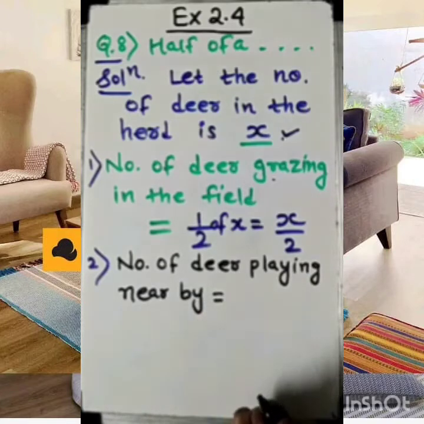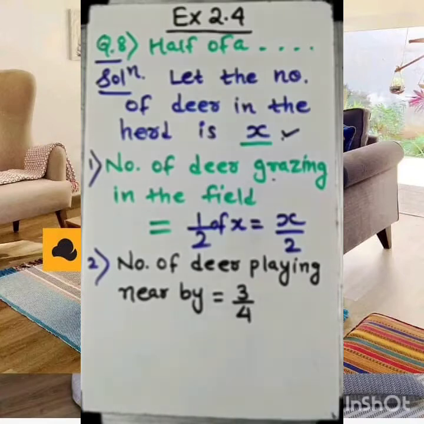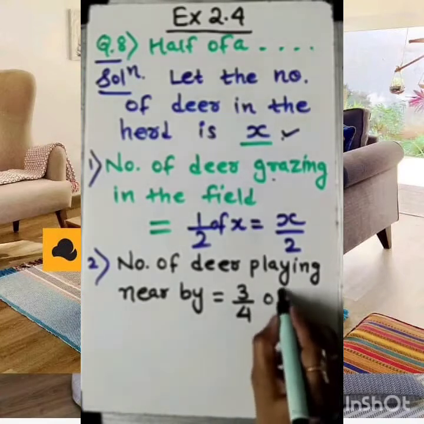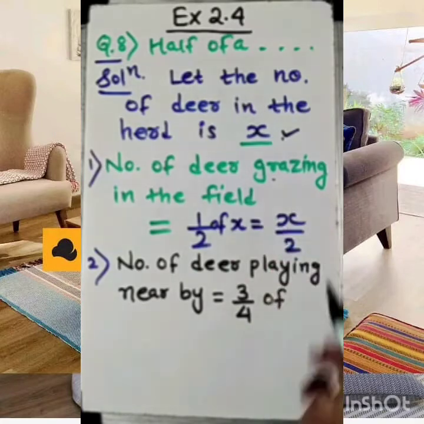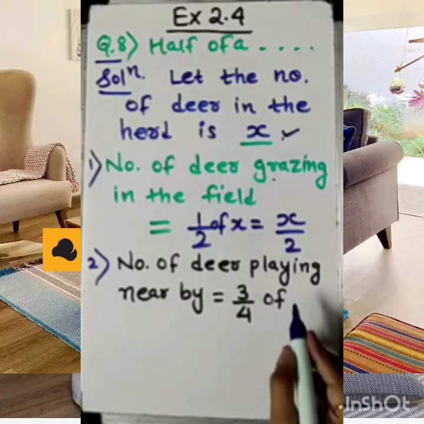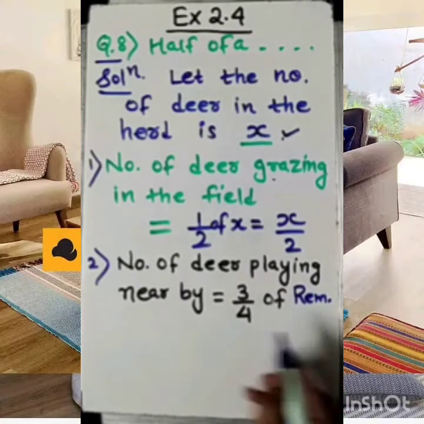Now what are they asking? 3/4 of the remaining. So what is the meaning of that? Now what is remaining? Let me explain. The number of deer playing nearby is 3/4 of the remaining. Okay, this is remaining. How to find the remaining deer?